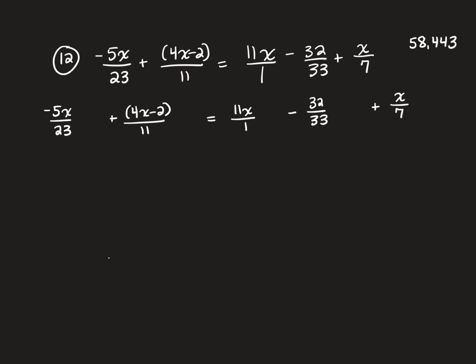So once I've got that figured out, then I'm going to figure out what I multiply each term by to get my desired common denominator. Well, in that case, the first term we're going to multiply by 2,541. How did I get that? Well, I just took 58,443 and divided by 23, and that told me what I needed to multiply by. So then on the second fraction, it'll be 5,313.